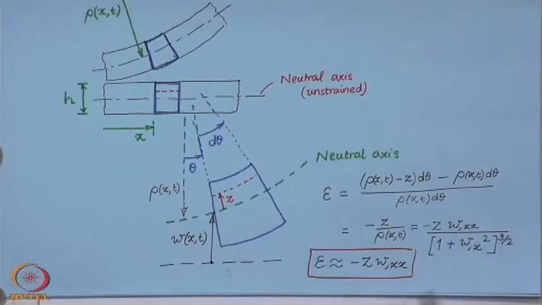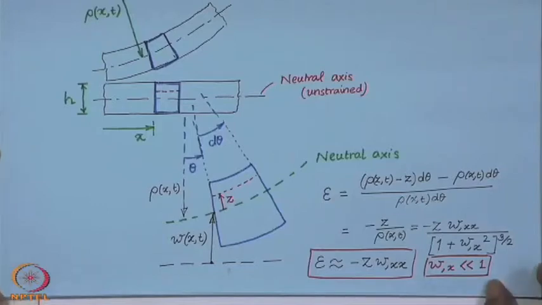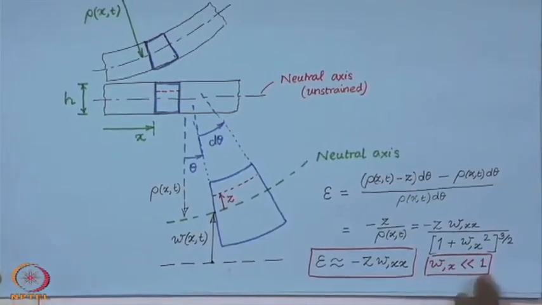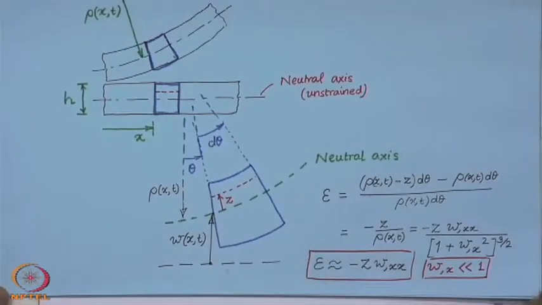This is under the assumption that the slope of the beam at any location is much smaller than 1. So, under this assumption our strain simplifies to this expression.